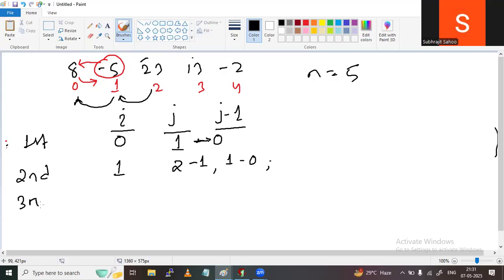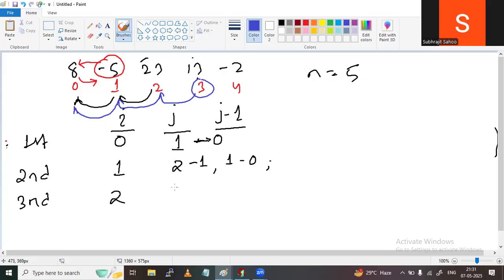Now coming to the third attempt. In the third attempt, i will become 2. Step by step, one by one, it will be increased. I becoming 2 means last time index 2 was over, now index 3. Index 3, that means 13, will be checked with index 2. Then index 2 will be checked with index 1. Then index 1 will be checked with index 0.